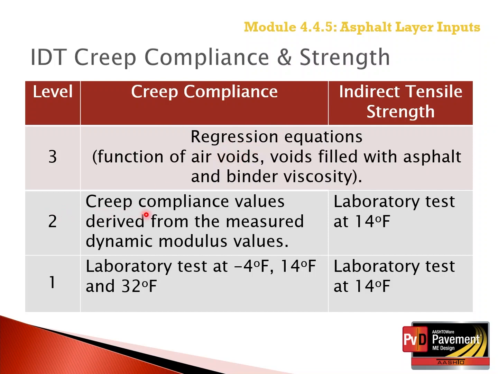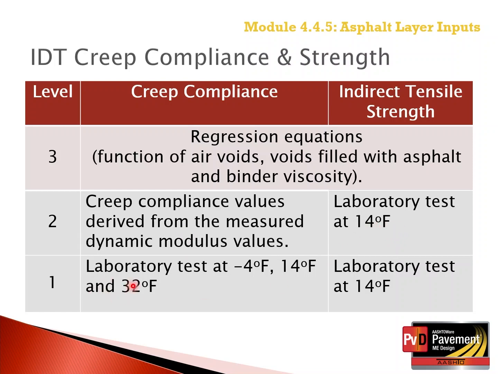For input level 2, the creep compliance is calculated or derived from the measured input level 1 dynamic modulus values, or AASHTO T 378. The strength is measured in the laboratory at 14 degrees Fahrenheit in accordance with AASHTO T 322.